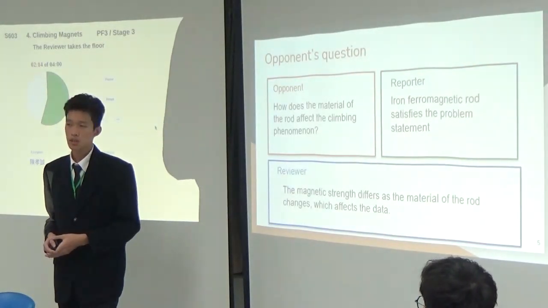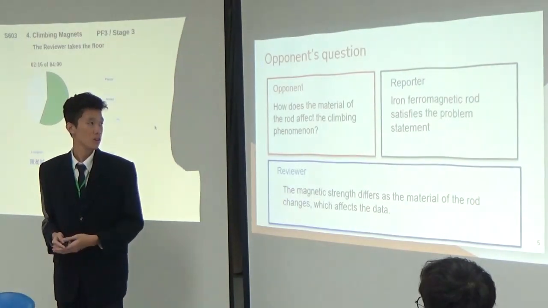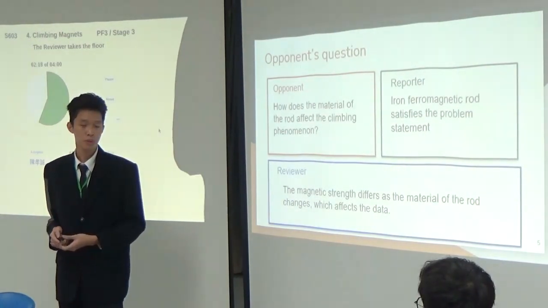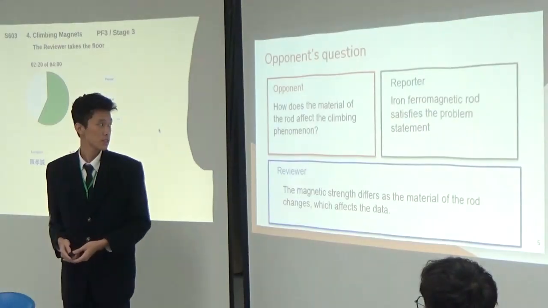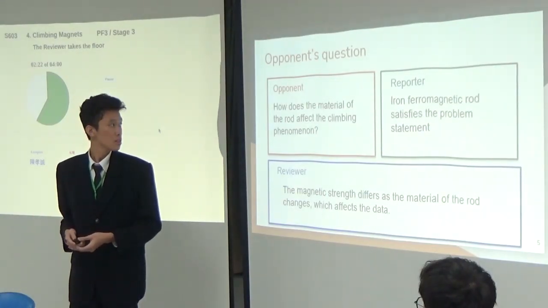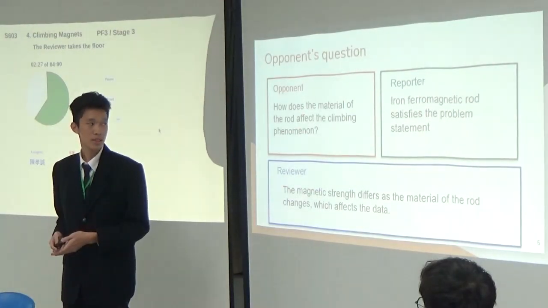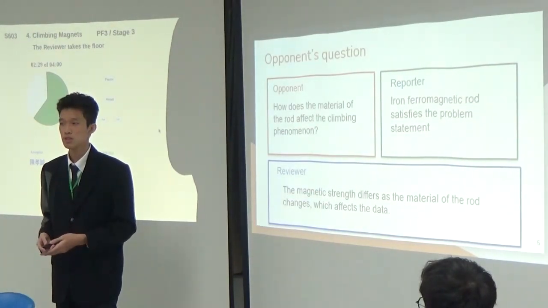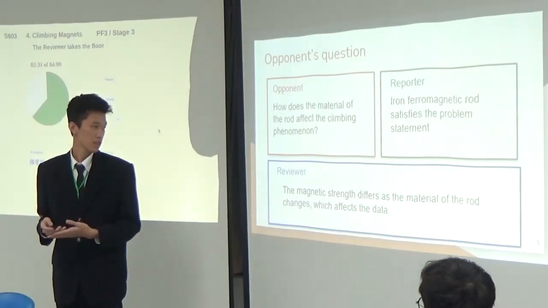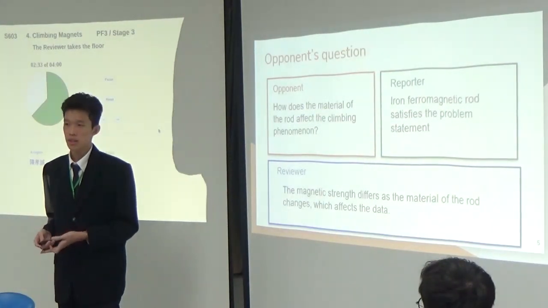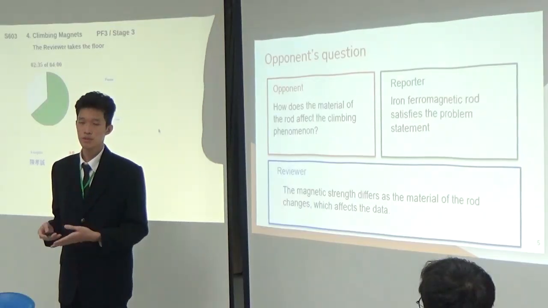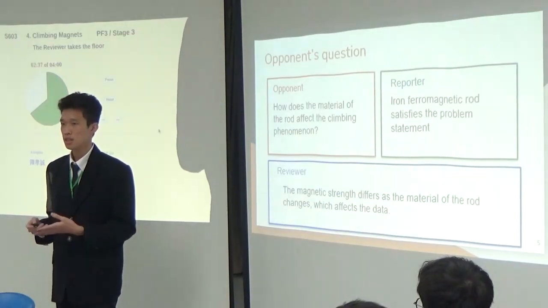So here's the opponent's question to the reporter. The opponent asks, how does the material affect the phenomenon? The reporter answers that the ferromagnetic rod satisfies the problem statement, so there's no need to change the material of the rod. And the reviewer thinks that a change of material would also affect the results.